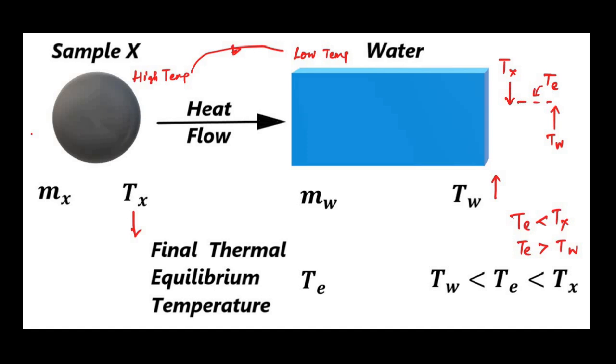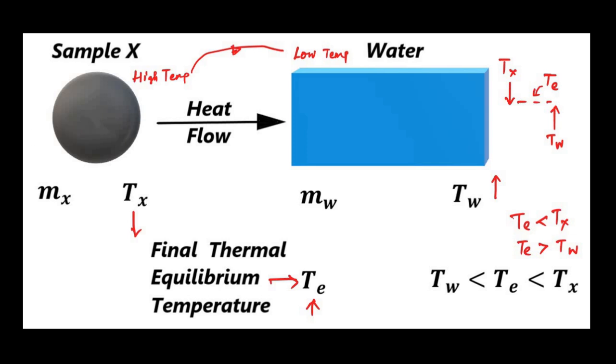So it is lesser than the initial temperature of this sample, and greater than the initial temperature of water. This is the critical thing, and this is the final equilibrium temperature, TE.